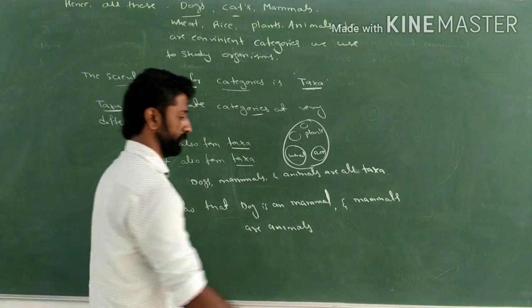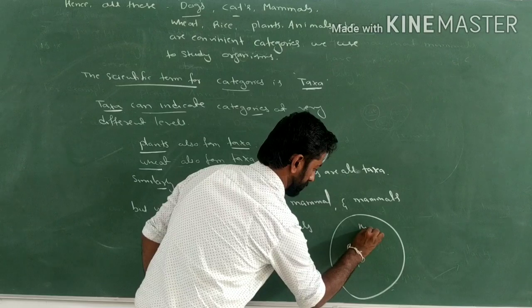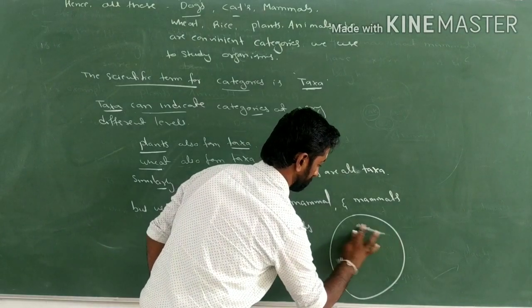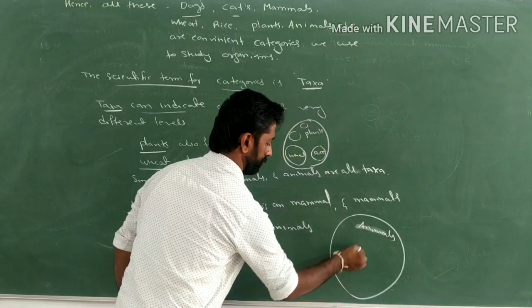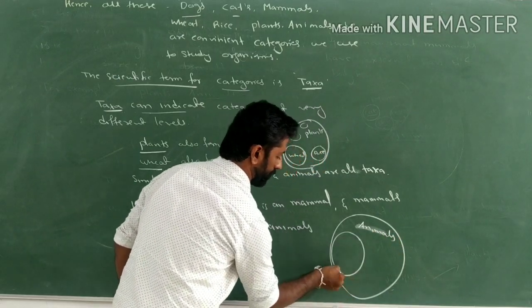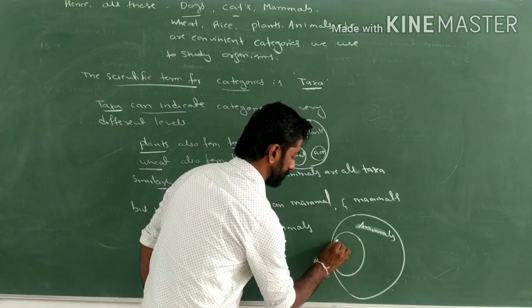So say for example, this is the taxa which represents the animals. A particular group of animals which possess external ears and body hair is called mammals.